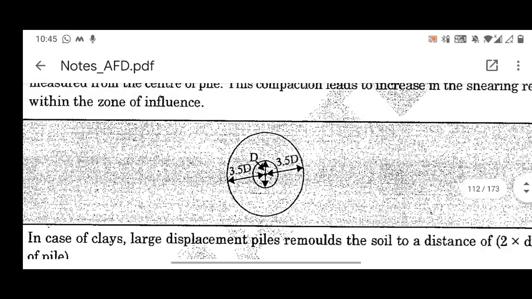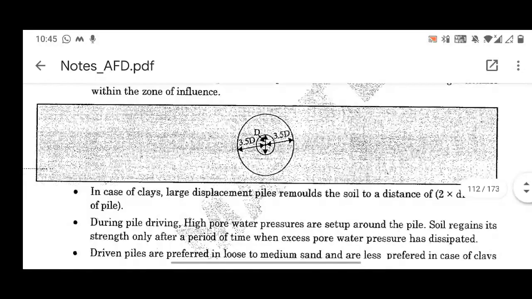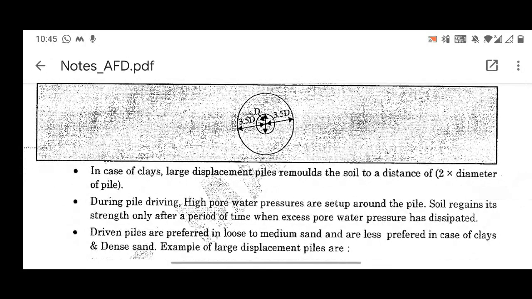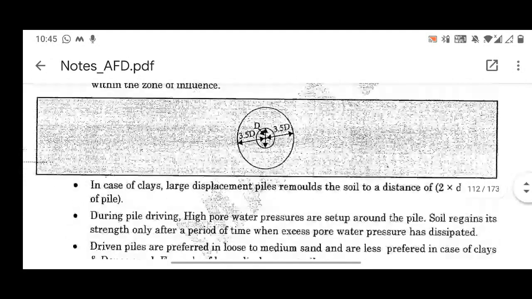Now in case of clays, large displacement piles remove the soil to a distance of 2 times the diameter of the pile, right? So why are we calling this a compaction pile? Because once you are installing a pile into the loose sand, your loose sand will get compacted, and thereby there is a densification in the soil mass. Another case is of clays, right?